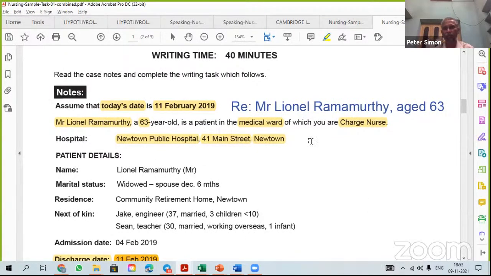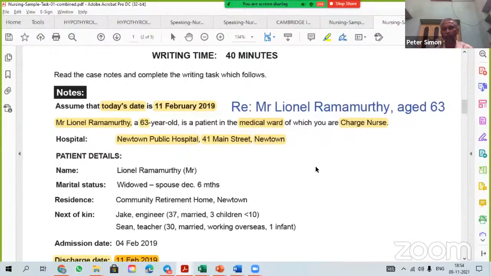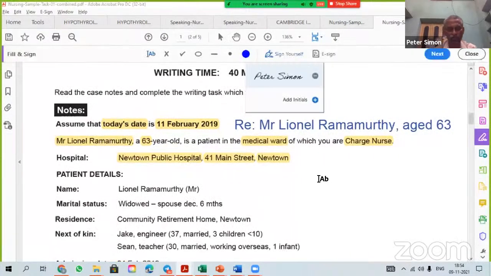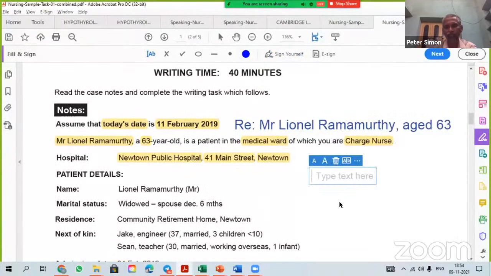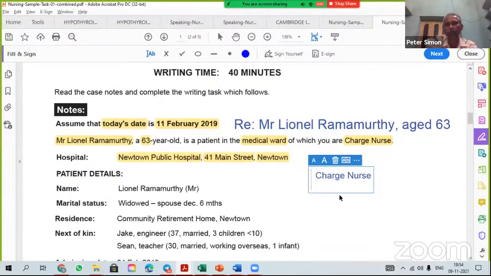Now you see how many points are there here. 5 points are there. So you have to be very careful. We are careless. That's why you lose marks. Charge nurse. Then next one is medical ward. Next one is Newtown Public Hospital.